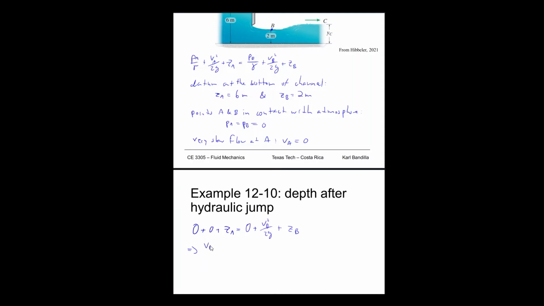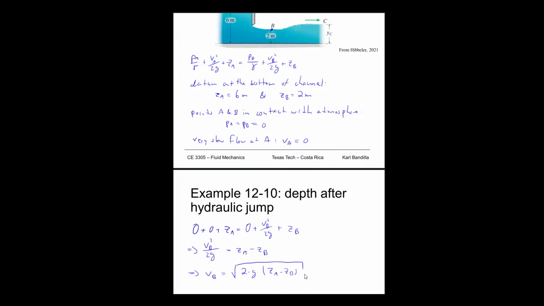So we can say VB squared over 2g is equal to ZA minus ZB, which of course means that VB is then the square root of 2 times g times (ZA minus ZB).